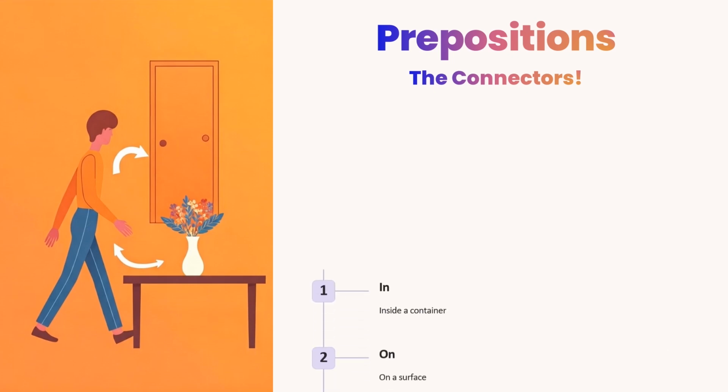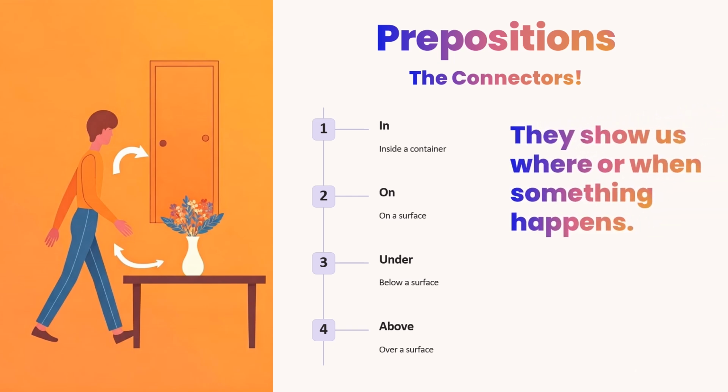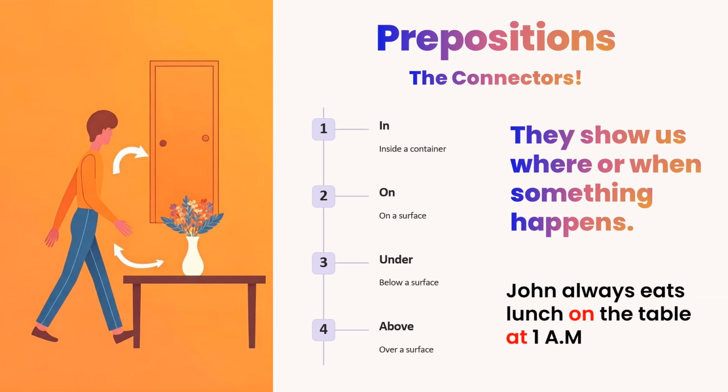What about the next one? Prepositions. They are the connectors. Prepositions are like GPS systems for sentences. They show us where or when something happens. For example, John always eats lunch. Okay, where? On the table. And when?